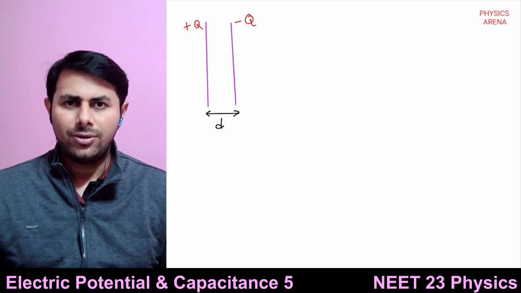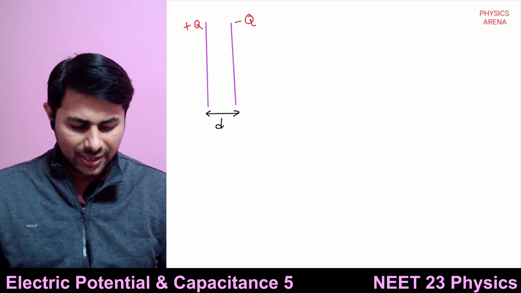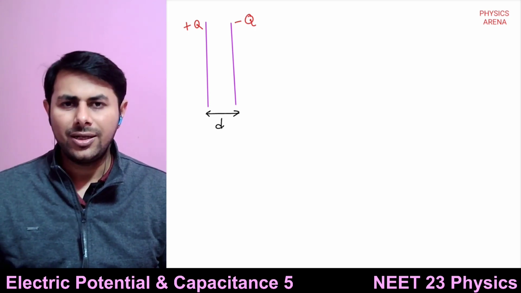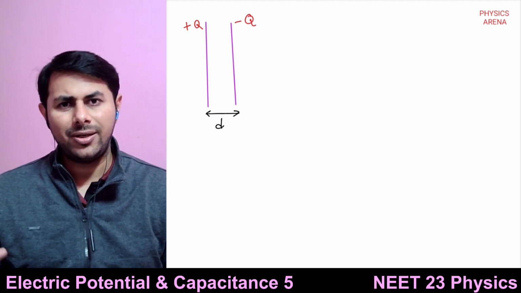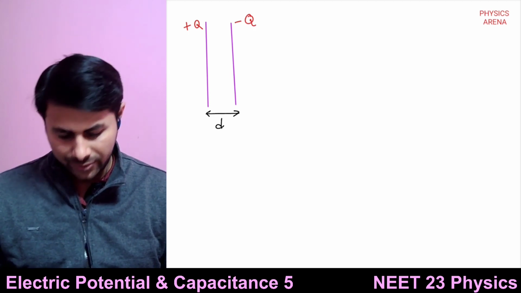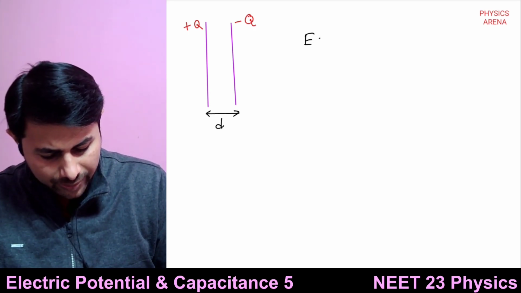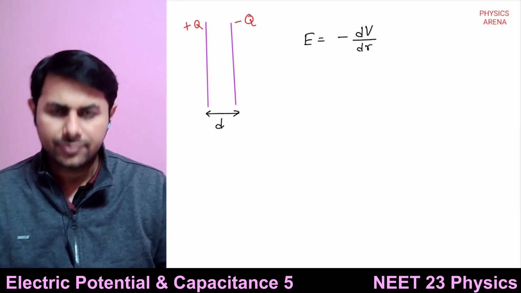Okay. So if these are infinite plates, then we can say electric field at all the points inside will be equal. Okay, electric field is same, and we know electric field is equal to what? Minus of dV by dr.